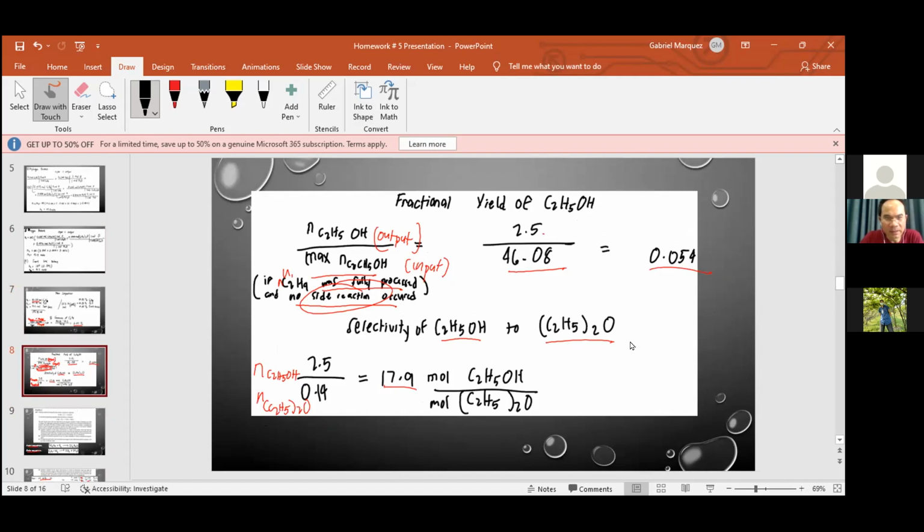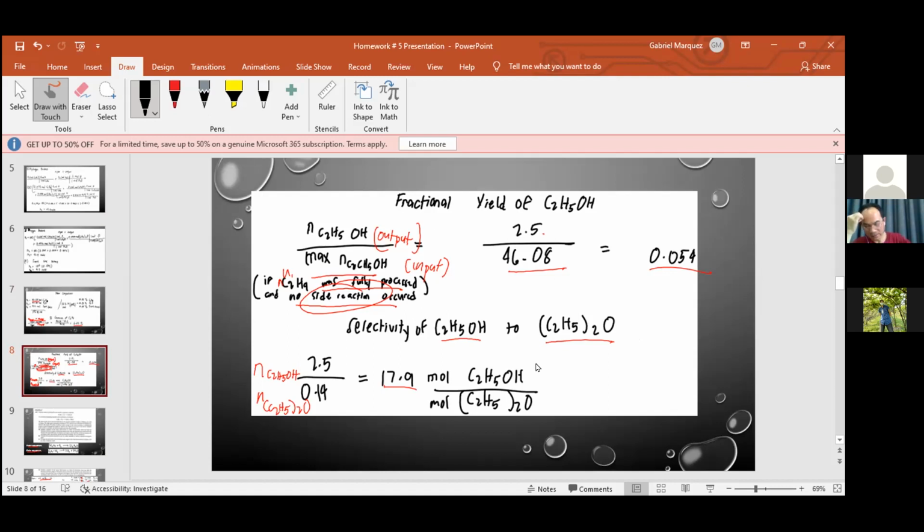The maximum ethanol means the maximum that can be produced by the design reaction, with no side reaction. How to calculate the maximum for this? 46.08 was the maximum.